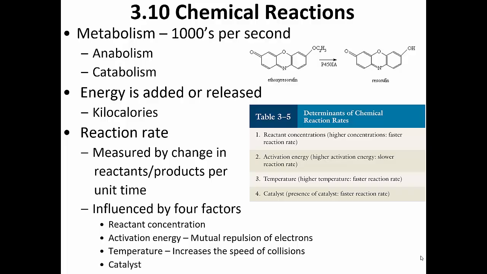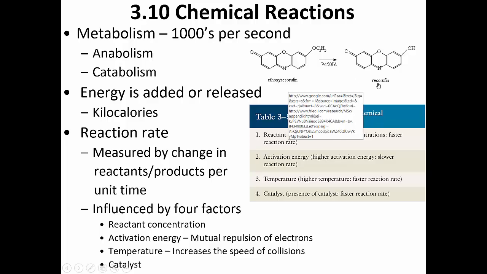Number three, the temperature at which the reaction is occurring, and lastly, whether or not a catalyst, in our case, typically a biological catalyst known as an enzyme, is present to speed up the reaction. So, interestingly, what we see is that the easiest way to measure the progress of these reactions is to measure either the degradation of a reactant or the production of a product.